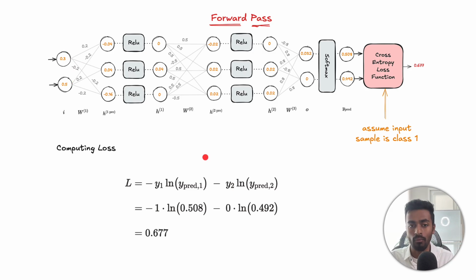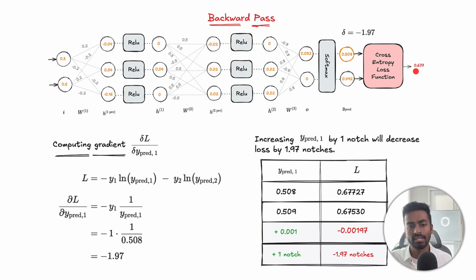So that means that y1 will be 1, which is exactly what we see here, and y2 will be 0, which is what we see here. Performing the math, you're going to get 0.677 as loss, which we write over here. And this is going to conclude the forward pass for this single sample. So I hope it all makes sense. Next, now let's actually look at computing the backward pass.